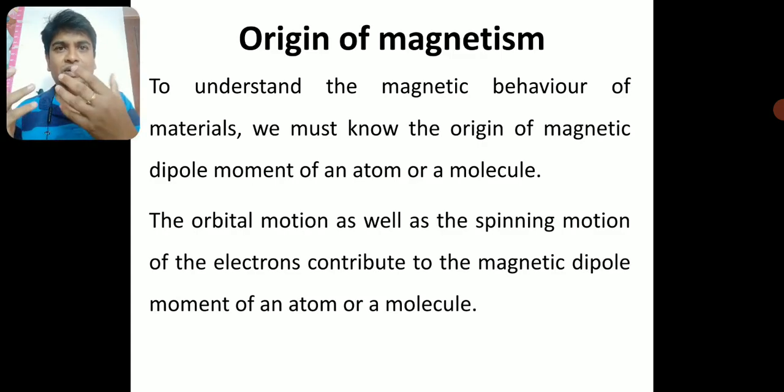Each electron behaves like a tiny magnet and has a magnetic dipole moment, and this contributes to the magnetic moment of a material. So we need to look at the micro level to understand how this magnetic moment arises in a material.